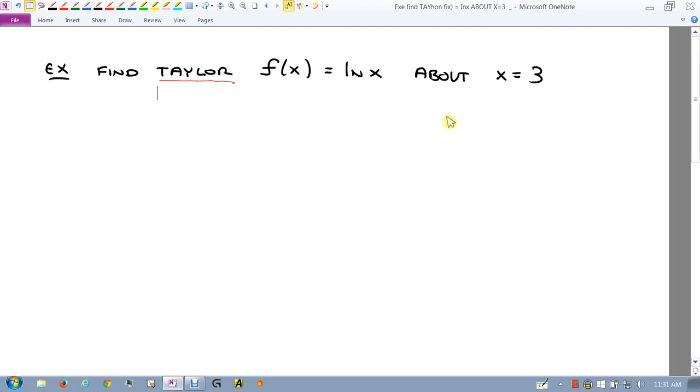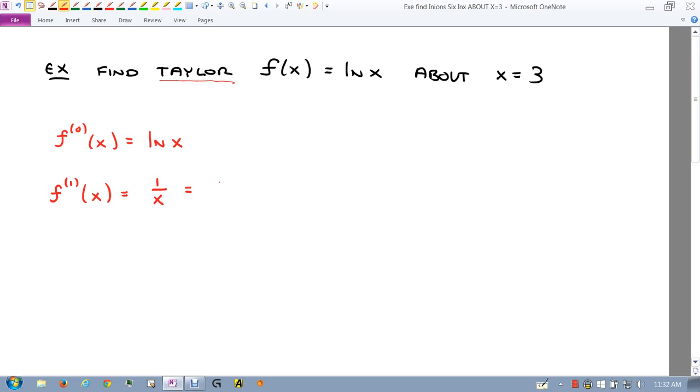All right, so we need derivatives, don't we? Unfortunately, this derivative is not nice, so I'm going to go a little slower. The 0th derivative at x, I won't plug in 3 yet, is itself. Great. What is the first derivative? 1 over x.